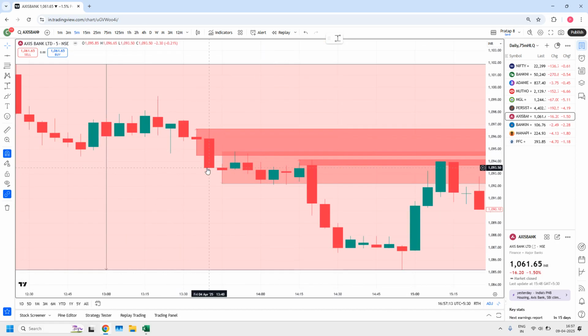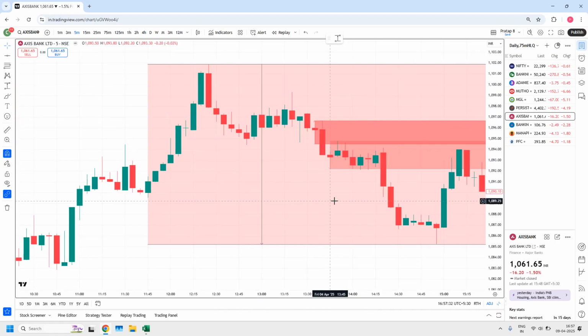This is a drop-base-drop, and this drop-base-drop is the origin for this 15-minute zone. So that means this is the area we can plan. Anyway, it is tested. This should be the trade plan. This origin we can plan the trade.